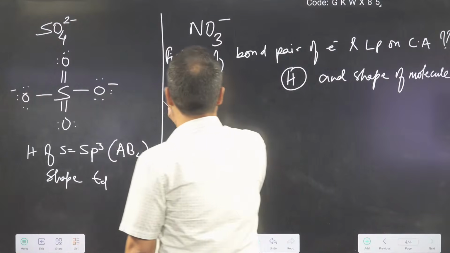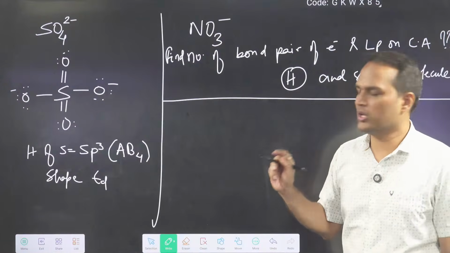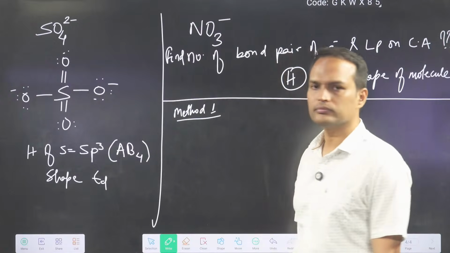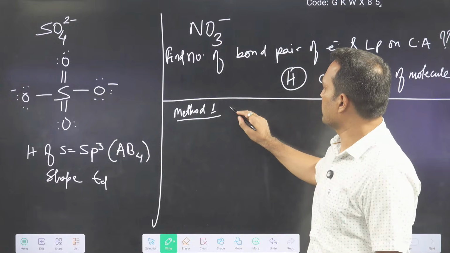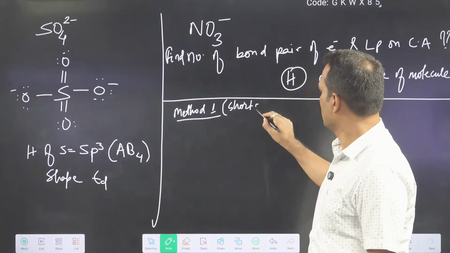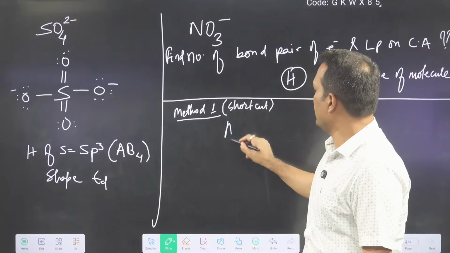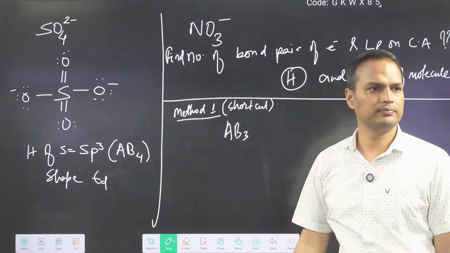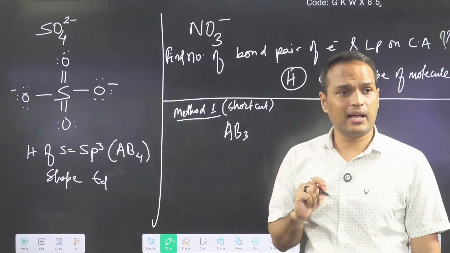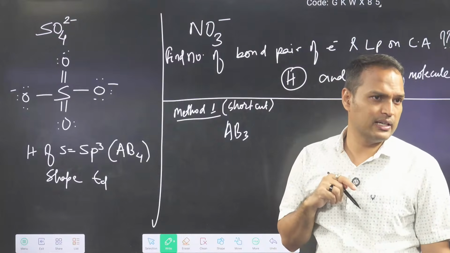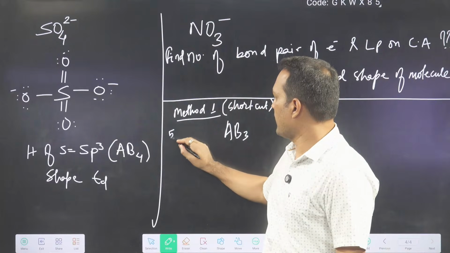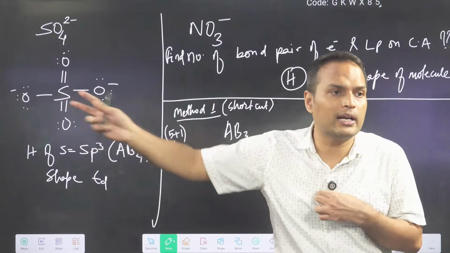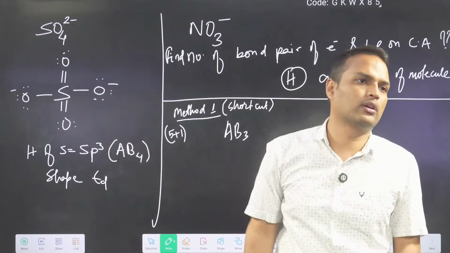Okay, so I am doing it by both methods. Everyone see here. Method 1, the shortcut method I am telling you. First I can write AB3 directly, because 3 atoms are connected. Now what is my target? My target is to find the lone pair on the central atom. You will do it like this: 5 plus 1 is 6, and from the oxygens you share 2 electrons each, 2, 2, 2.